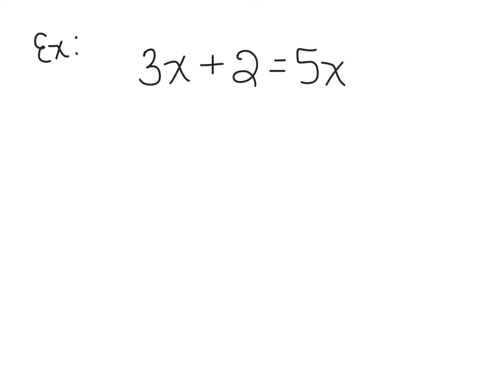Okay? So if I am looking at this 3x, let's think about this as a positive 3x. The only way for me to get this to move to the other side by canceling is to use an inverse operation. So I am subtracting 3x from both sides.